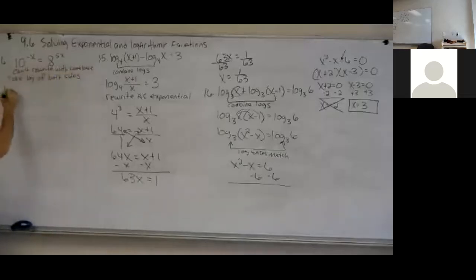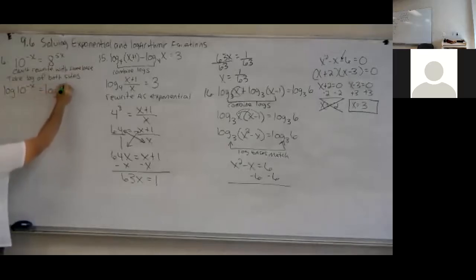So the log of 10 to the negative x will equal log of 8 to the 5x. And I'll tell you, this one don't look bad, but it's one of the trickiest problems on here.